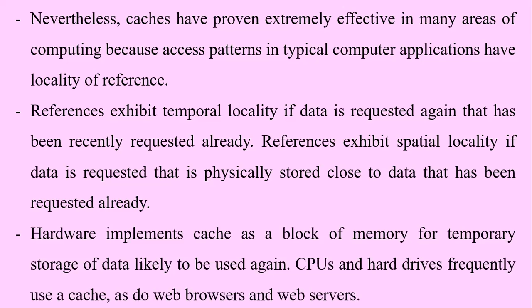Hardware implements cache as a block of memory for temporary storage of data likely to be used again. CPUs and hard drives frequently use a cache, as do web browsers and web servers.